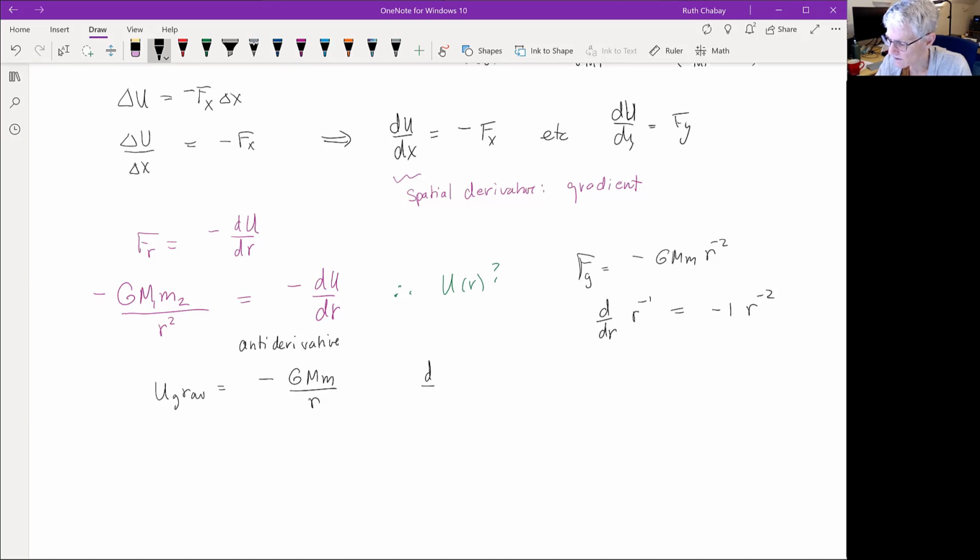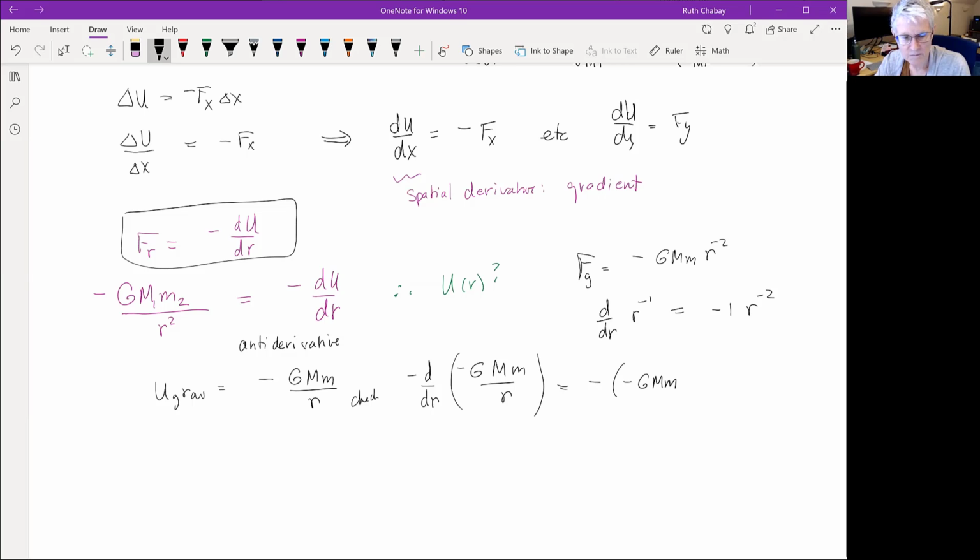If we differentiate that, we want the negative derivative. So we want to check that minus GMM over R is going to give us a minus GMM over a minus R to the minus 2, which gives us a minus GMM over R squared.